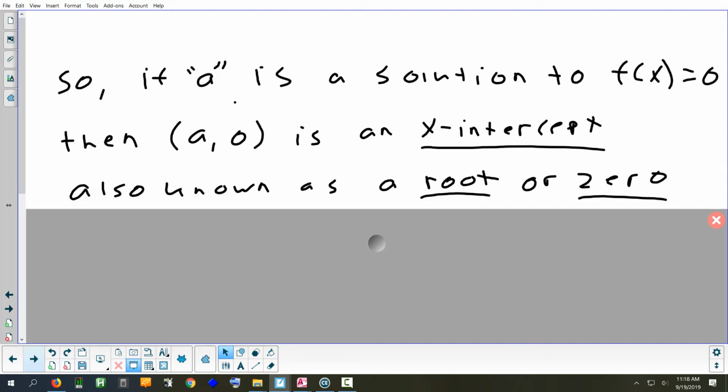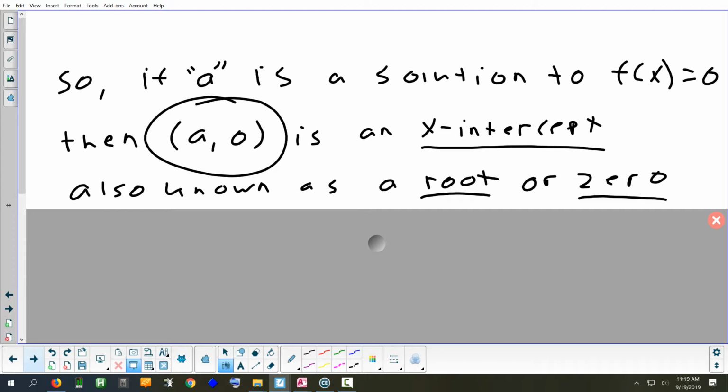Okay, so when you write your answer like this, you're giving me the coordinate of the x-intercept. If you write the answer as just a single number, you are just telling me the root, or the 0. All right? So the difference on the test is if I ask you for the x-intercept, you need to give me a coordinate.